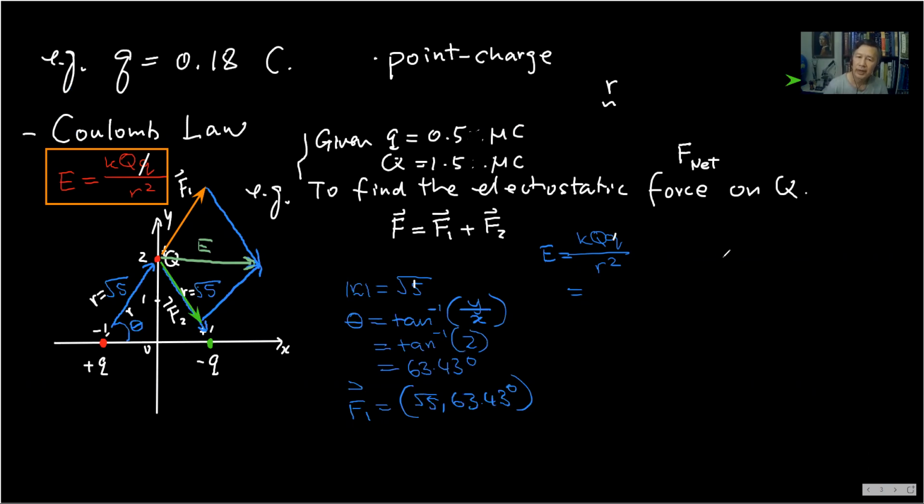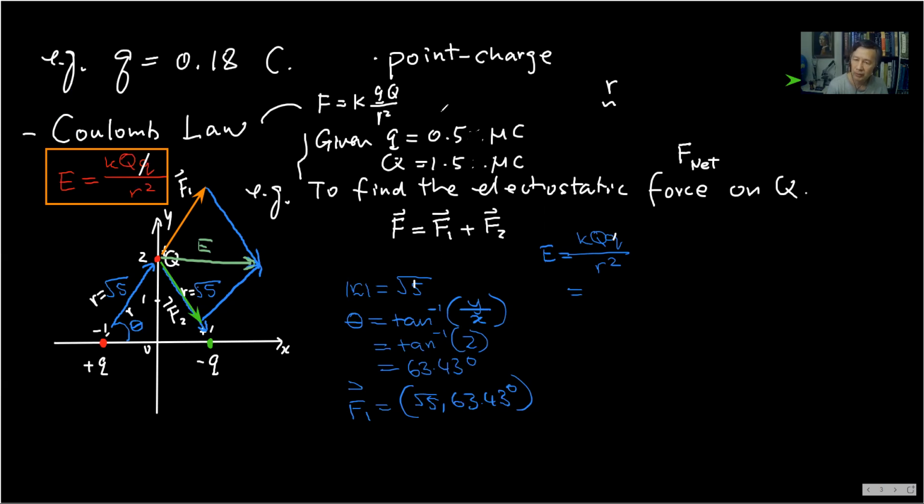The correct Coulomb's law is F equal to a constant K multiplied by the two charges divided by the distance between the two points squared.